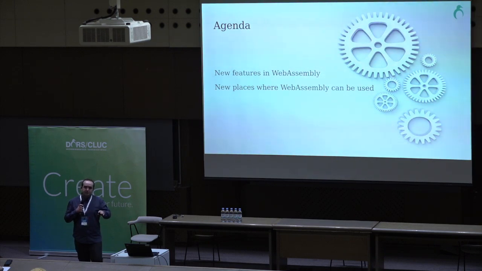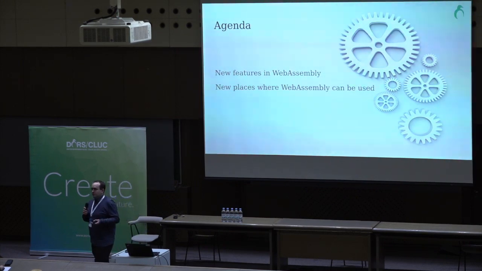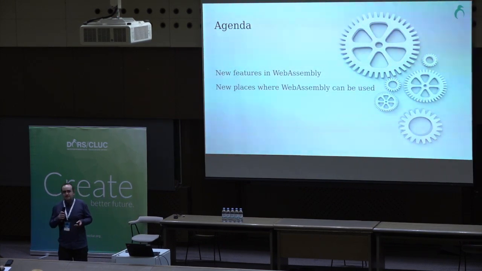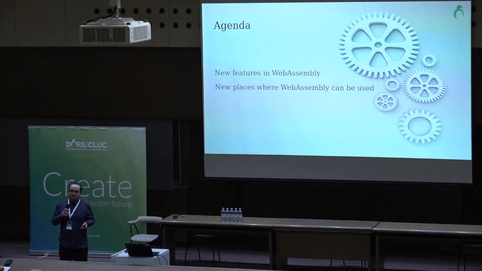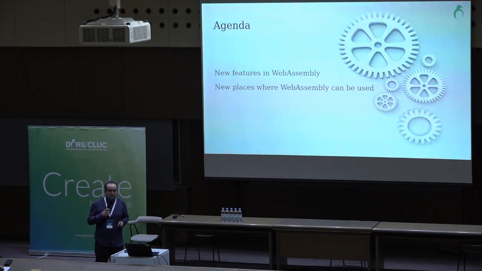We got some new features after that, and some new additional features are coming. We will see some of them today. And another thing that I want to talk about today is the new places where WebAssembly will be used. I'm calling that new places, and we will see what I mean when I come to the second part of this presentation.